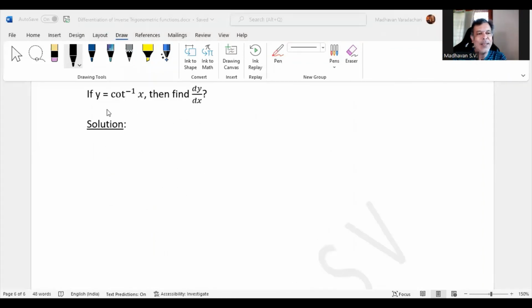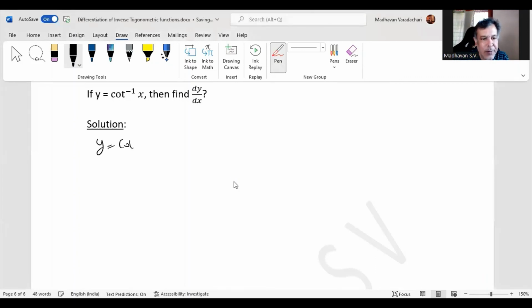If y is equal to cot inverse of x, then find dy by dx. So y is cot inverse of x, which means cot y is equal to x. Now differentiating cot y with respect to x, we get minus cosecant square y times dy by dx equal to x.